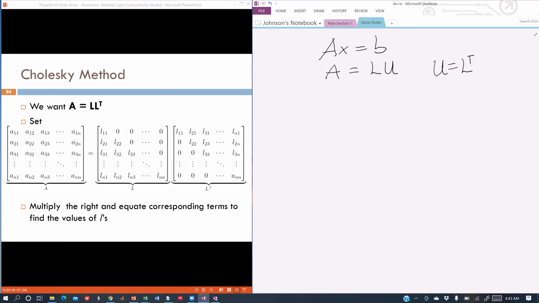The reason is that you don't need to look for special variables to represent your U or new variables to represent your U entries, but rather the U is generated straight away from the L variables or the L numbers. So instead of writing L times U, Cholesky decomposition is usually represented as L times L transpose.